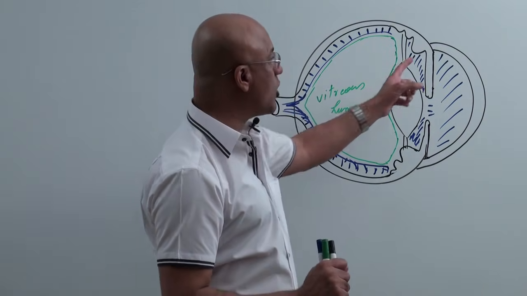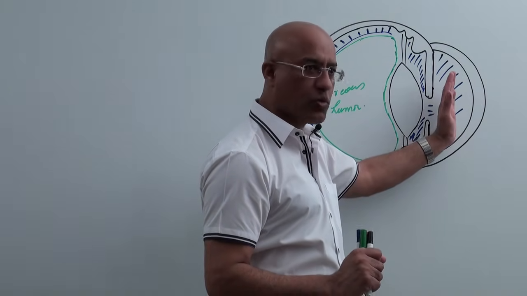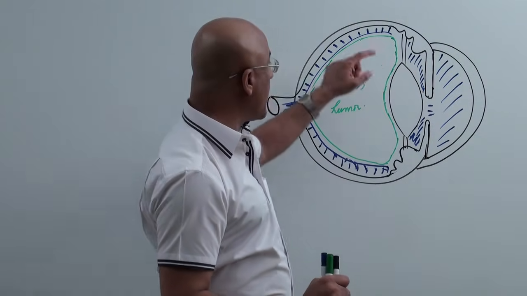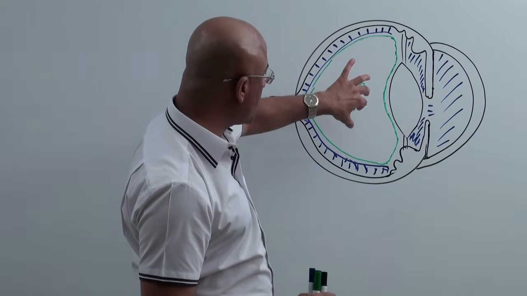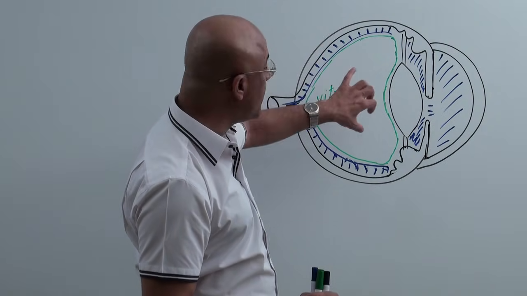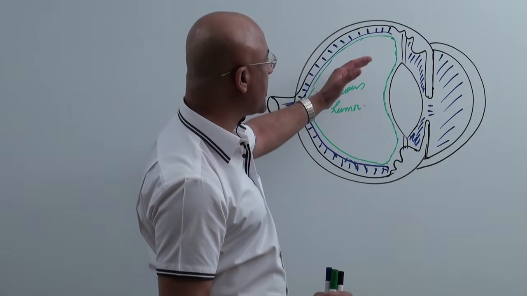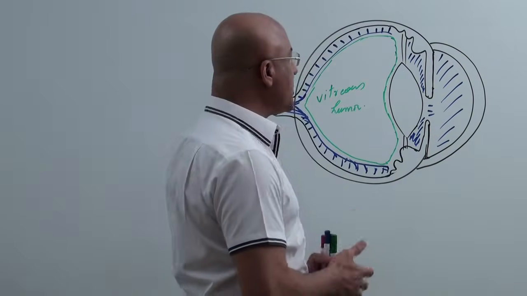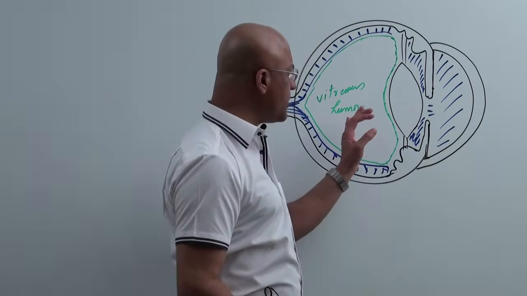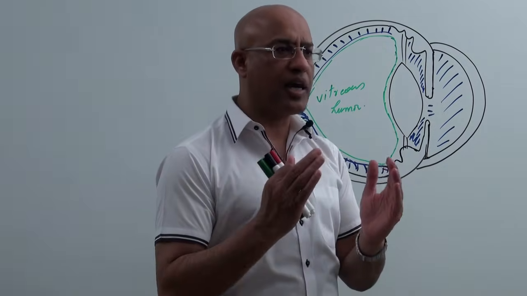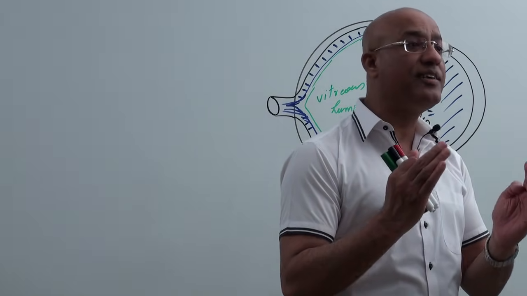For example, the cornea should be properly distended outward, the lens should be supported well at its position, and the retina should be pushed back, the rod and cone layer especially and the neuronal layer of the retina, with pressure maintained back along with the pigment layer of the retina. So one of the major functions of vitreous humor and aqueous humor is that it keeps the eyeball appropriately distended.